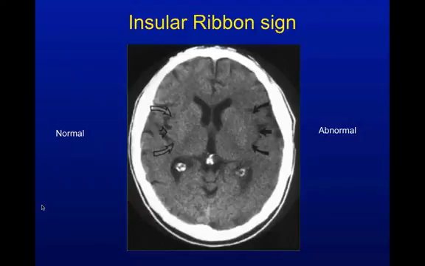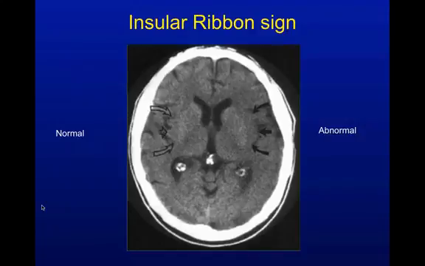Okay, insular ribbon sign. This one's a little trickier, a little tougher. So there's some arrows that are here a little bit in the way, but you can still see a bit of that lacy gray-white interface, and on the other side, it's kind of smudged out from the early edema that's going on from the stroke. Just like the effacement that we saw earlier, where that gray-white differentiation took place.